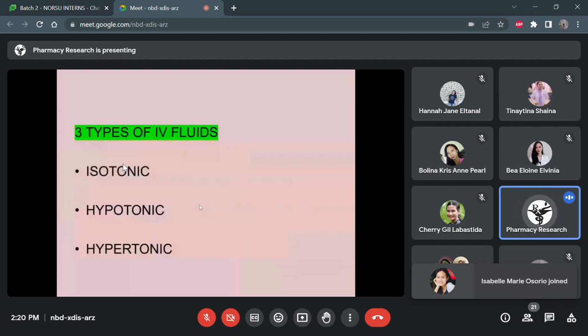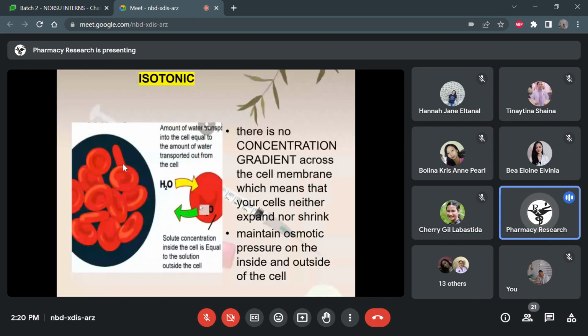Then, there are three types of IV fluids. These are the isotonic, hypotonic, and hypertonic. And so isotonic, there is no concentration gradient across the cell membrane, which means that your cells neither expand nor shrink. So isotonic, from the word iso meaning equal.